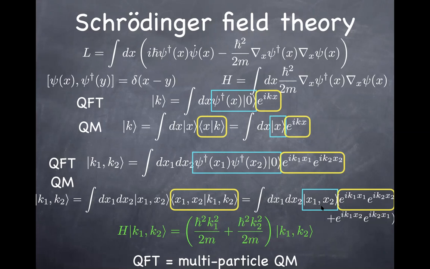So in addition to solving, for example, eigenvalue equations for both Hamiltonian and momentum and so forth, at the end of the day, you also need to do this symmetrization by hand. But in the case of QFT, the minute you create this two-particle state out of the vacuum using two creation operators, x1 and x2 can be freely interchanged, and it stays the same state because these two operators commute with each other. So that's what I meant by saying that QFT has this quantum statistics built in. You don't need to do anything to symmetrize the state by hand, like what you used to do in quantum mechanics.